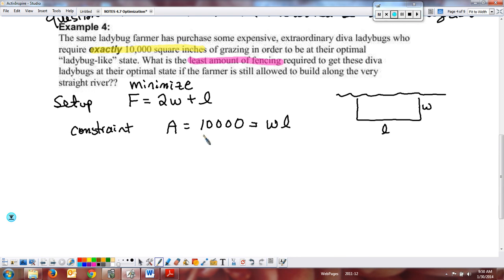Now I can solve this for either one. I'm going to solve for L because I think that's easier, it doesn't have a coefficient. So L is 10,000 divided by W. We substitute it in.